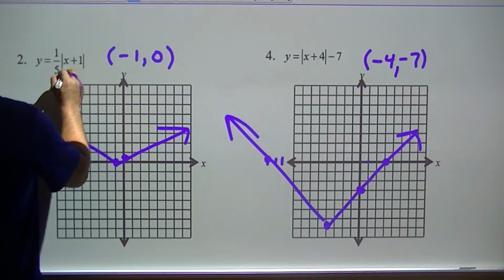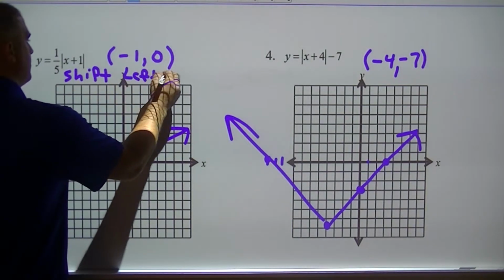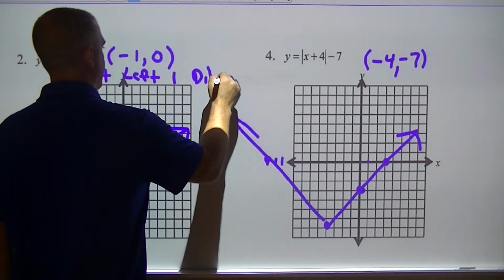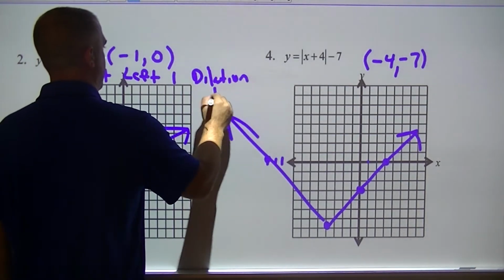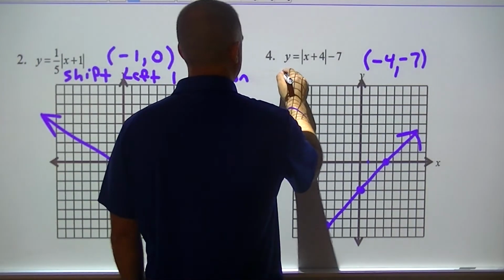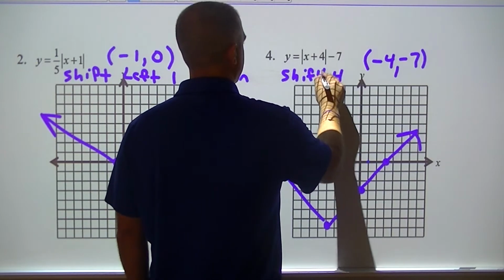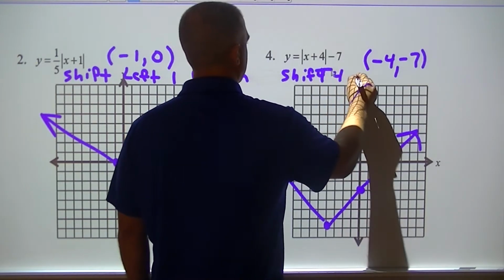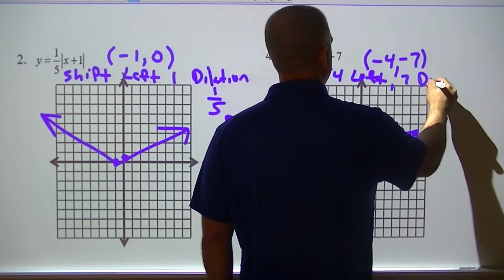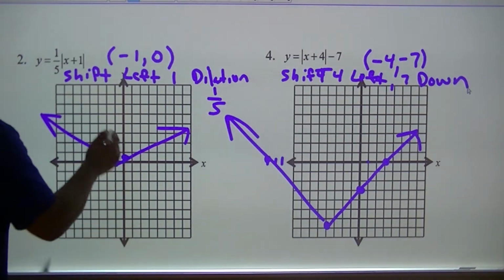This would have a shift left of 1, and this has a dilation of 1/5. This has a shift 4 left and 7 down. So basically you're describing how the anchor point's being moved.